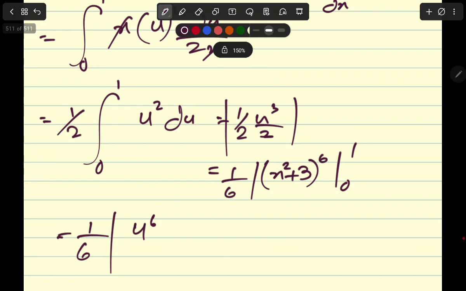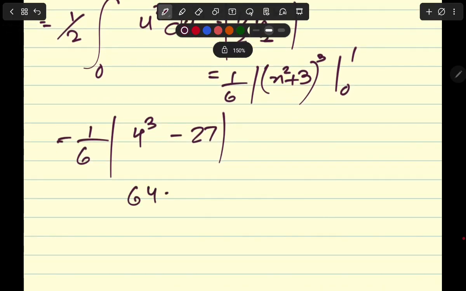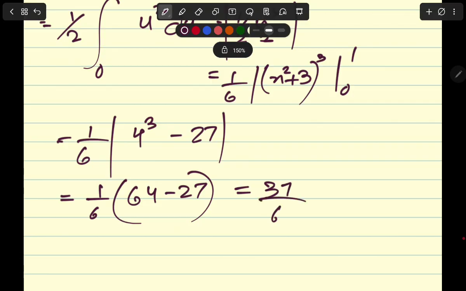No, this was a 3. My bad. So 4 to the power of 3, which is 64, negative, and then I put 0. So 3 to the power of 3, which is 27. So 64 minus 27 is going to be 37, right? So 37 upon 6 is going to be the answer, or the evaluated numerical value.